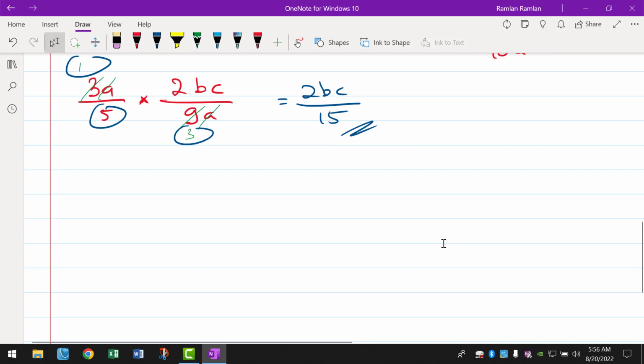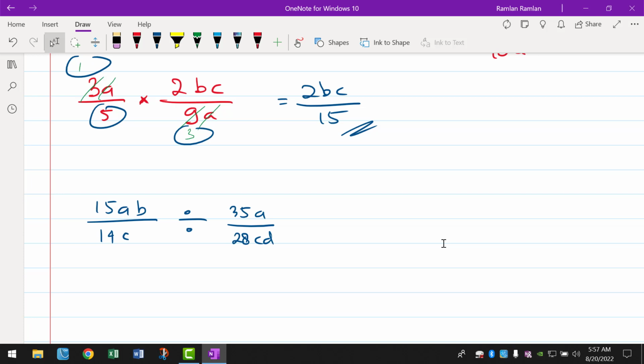Remember when we have, for example, 15ab over 14c, divided by 35a over 28cd.